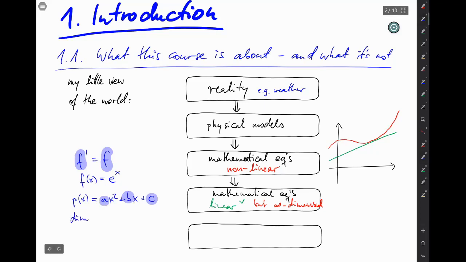So the dimension of this space P2 of polynomials of order 2 or less than 2 is 3, and therefore a finite number.